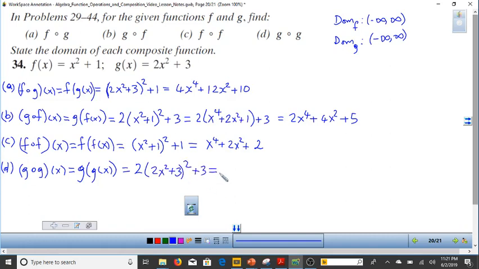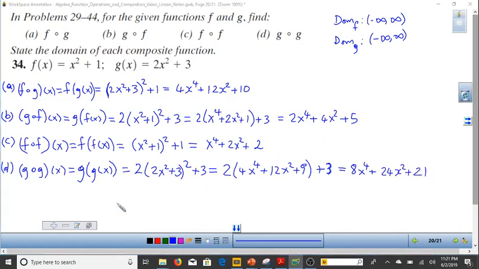We're substituting g into itself, so we do 2 times 4x to the 4 plus 2 times 3 is 6, and then double that is 12x squared plus 9, and then plus 3. And if you distribute that and combine like terms, you get 8x, so this is supposed to be a 4, 8x to the 4 plus 24x squared plus 18 plus 3 is plus 21.